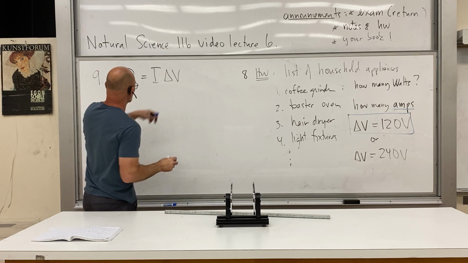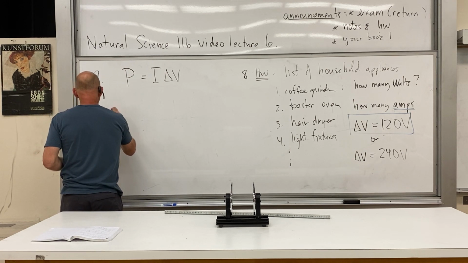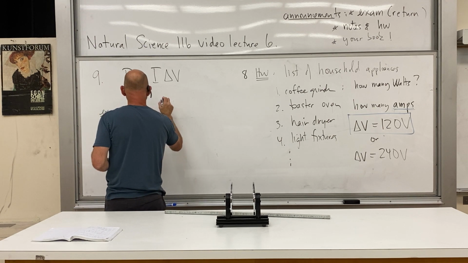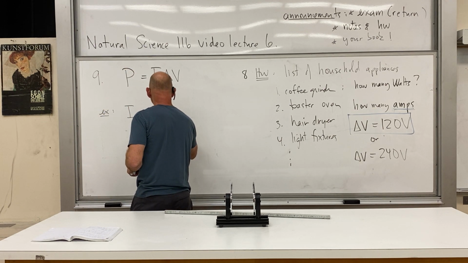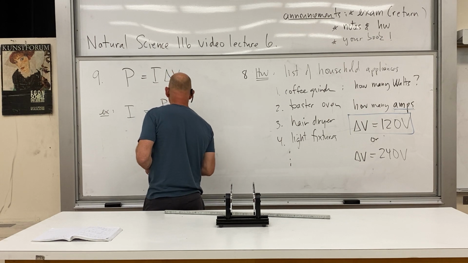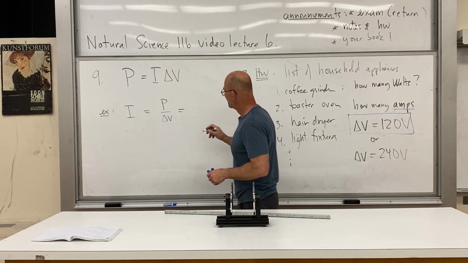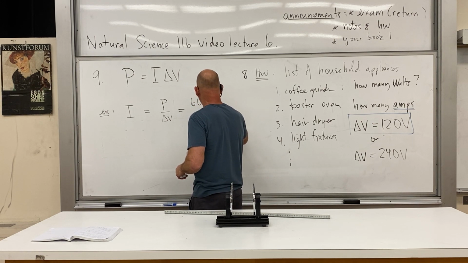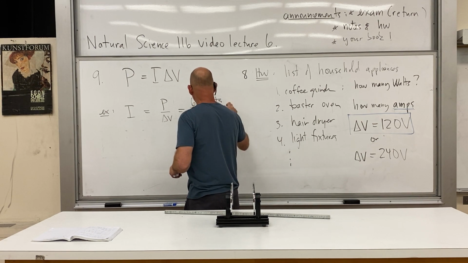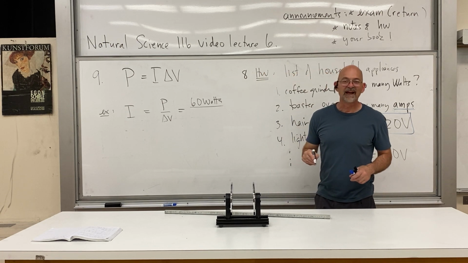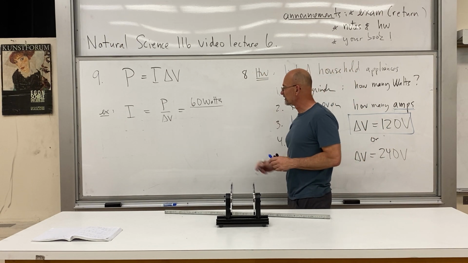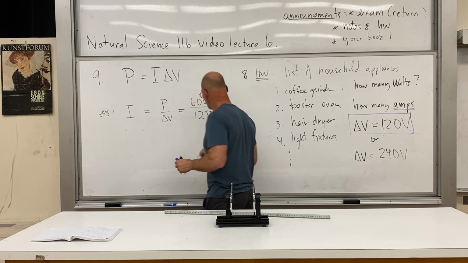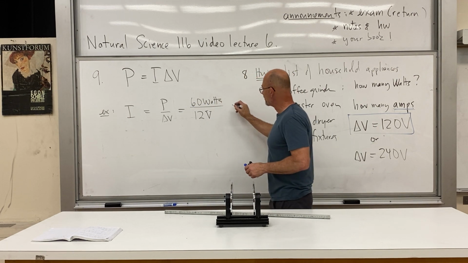So, and let's just do an example. I is equal to P divided by delta V. For example, if you had a 60 watt automobile headlights, 60 watts sounds reasonable, divided by 12 volts, you'd be looking at 5 amperes.